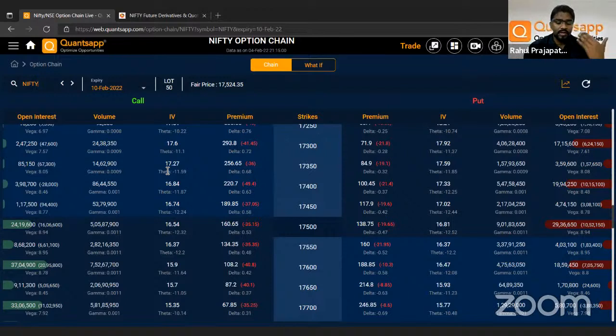Whenever we talk about implied volatility, it is based on the historical volatility also. मतलब वो historical volatility पे ही based है. Basically reference उसी का ही आता है उसमें कि okay, this was the historical volatility. The market has behaved with 15% volatility over a period of time.